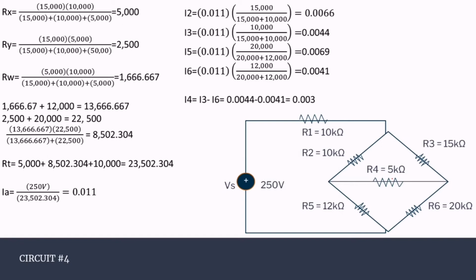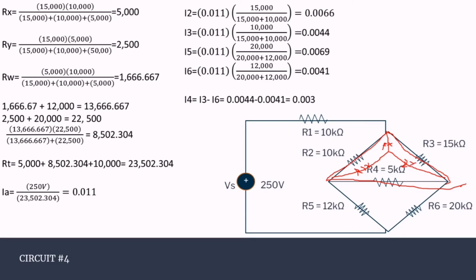This problem is pretty similar to our circuit number 3. So as you can see, we have our delta. Again, we're going to put our Y structure. So our RW, Rx, and our Ry.